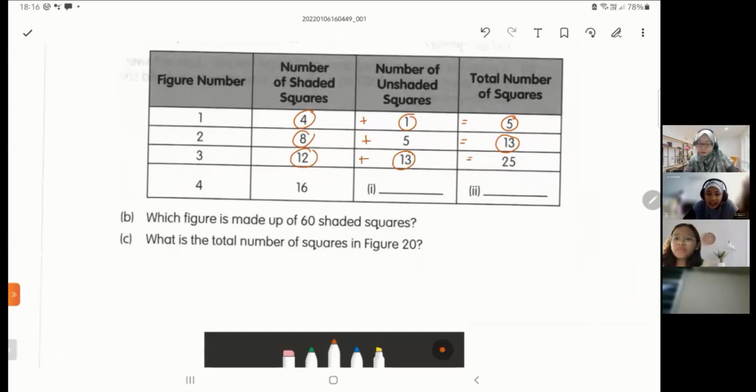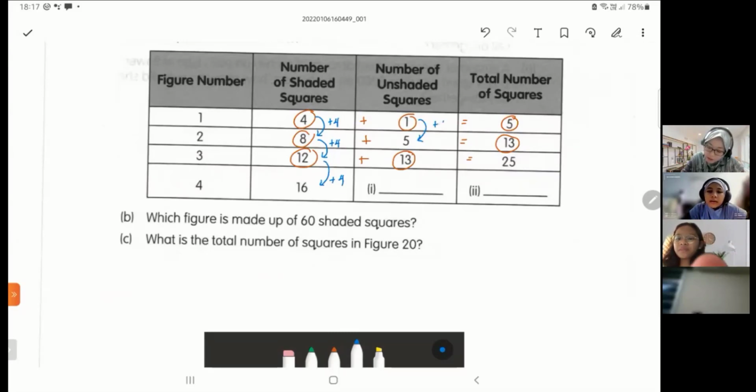Okay, now, what is the pattern? There's always a pattern, okay? From 4 to 8, it's plus 4, okay? 8 to 12, it's plus 4. 12 to 16 is plus 4. Can you see? Okay. Now, number of unshaded is 1 to 5.